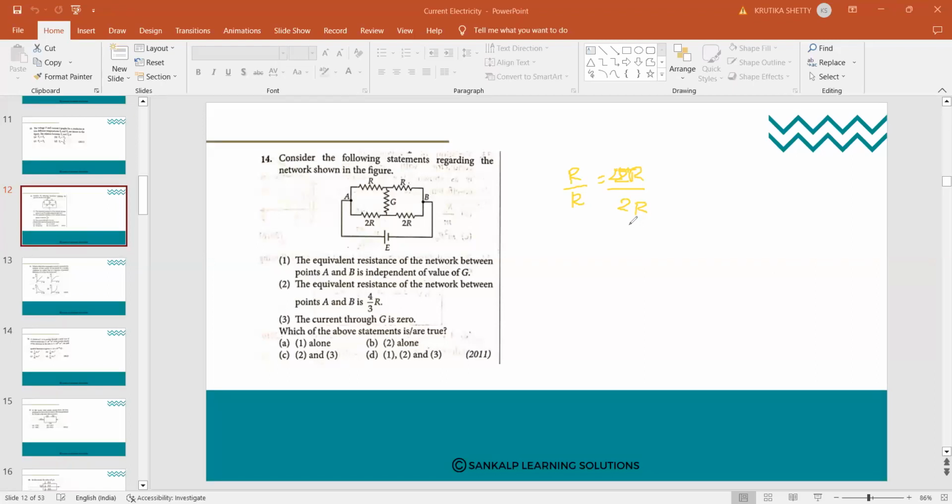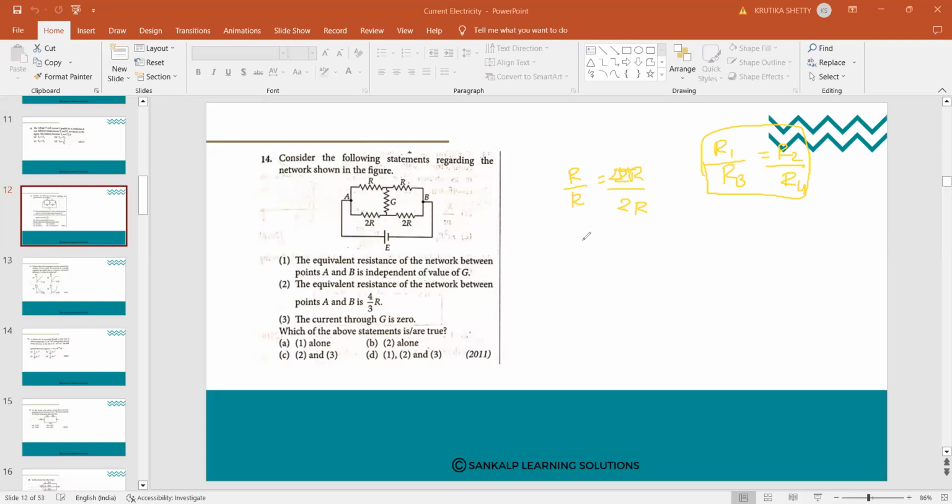Since the resistances are balanced, you can see R by R is equal to 2R by 2R. If I cancel the 2, it will be R by R itself. Therefore, according to the balancing condition, R1 by R3 is equal to R2 by R4. Last class we saw the Wheatstone's balancing formula. The resistance ratios must be equal.